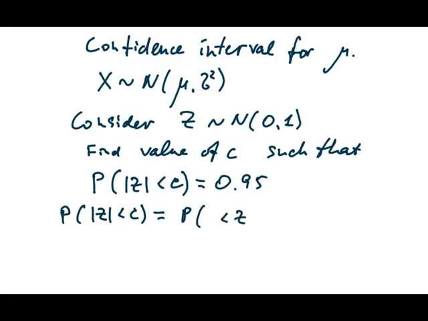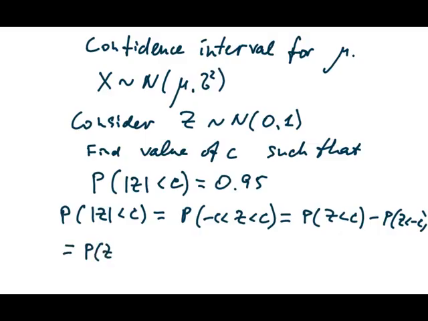So the probability that the absolute value of z is less than c is the same as the probability that z is more than minus c and less than c. This equals the probability that z is less than c minus the probability that z is less than minus c. And this equals the probability that z is less than c, a number found from the table for normal distribution, and the next term will be 1 minus the probability that z is less than c.